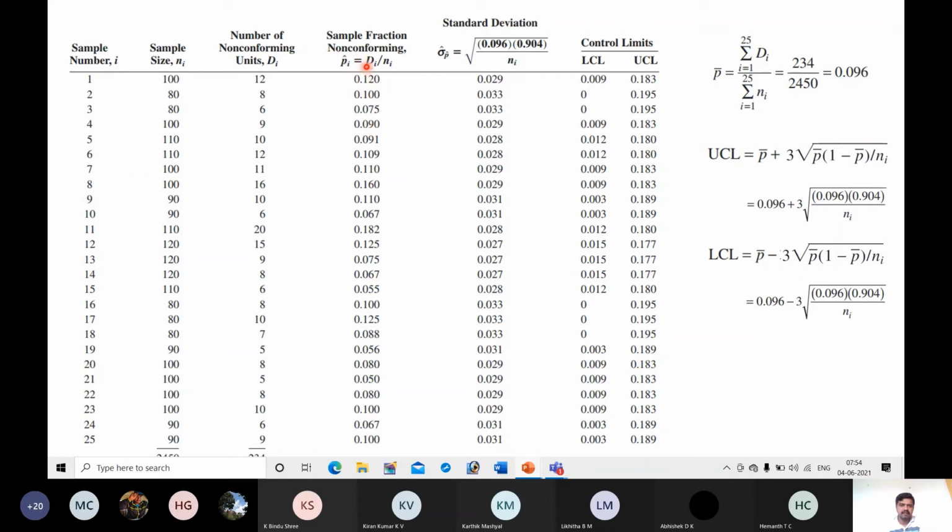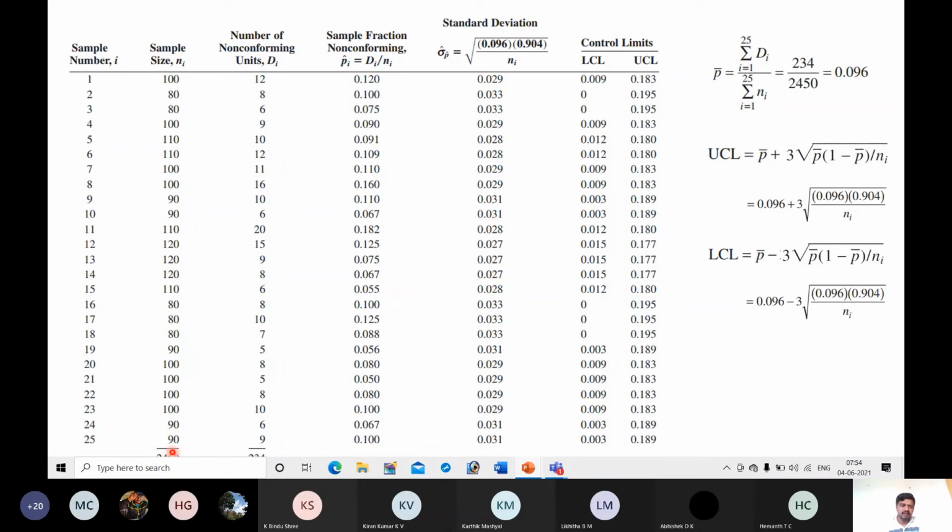After finding this value, you can go for finding p bar. For p bar, we have to add all these 25 values. If n is constant, we use m into n, but here n is not constant, so you have to add the individual values of n. When you add them, you will get 2450.